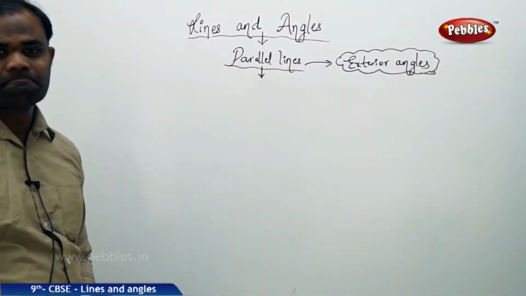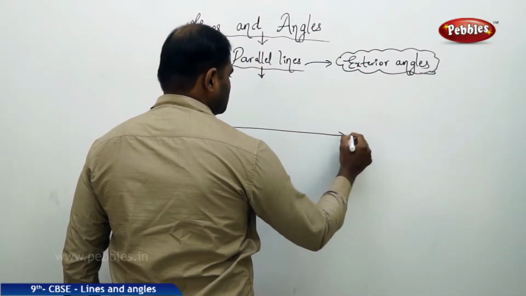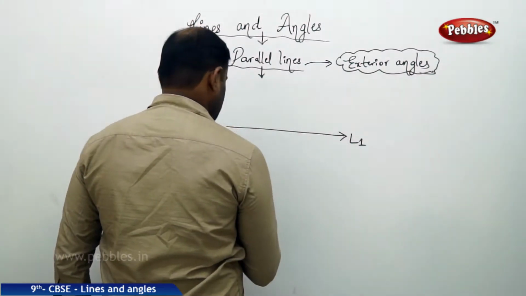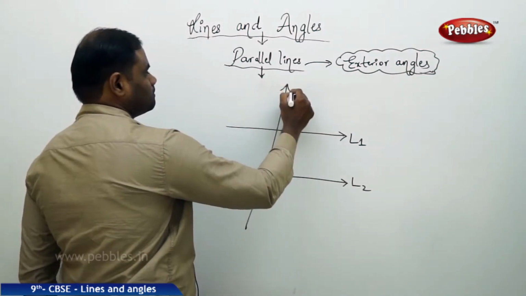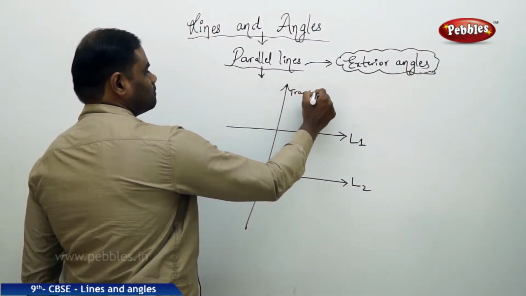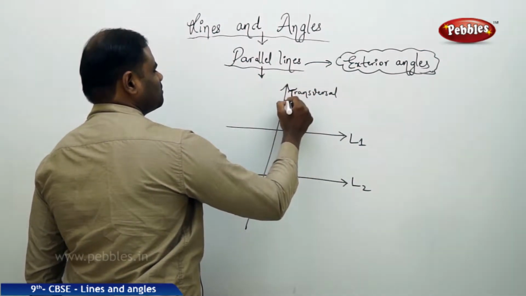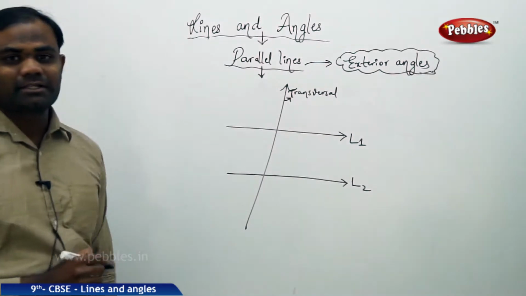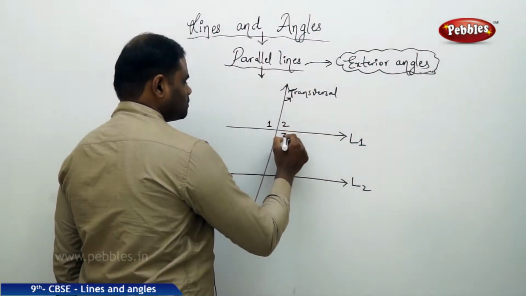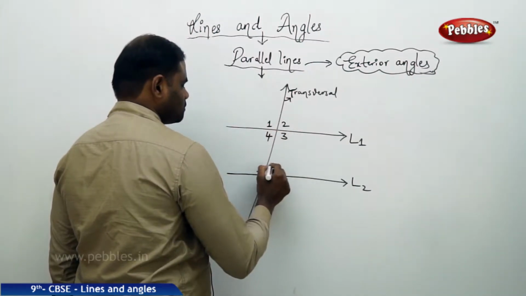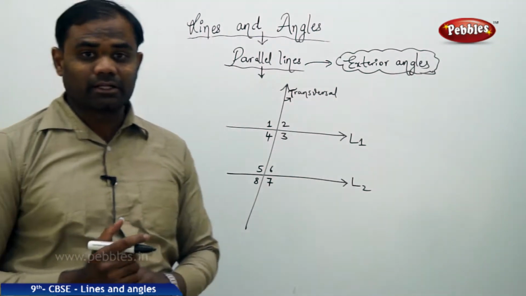Exterior angles. Let me take the pair of parallel lines L1 and L2 with the transversal cutting the lines L1 and L2, and making 8 different angles with L1 and L2.